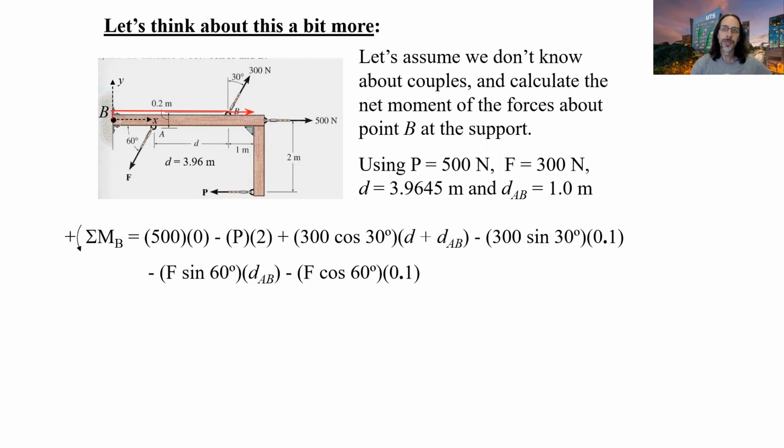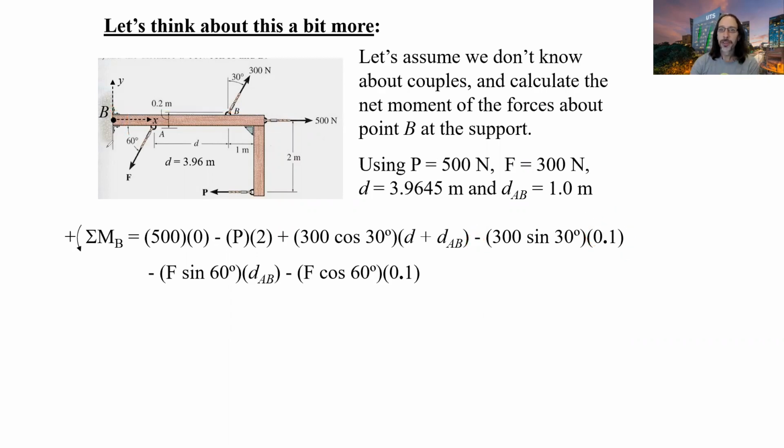If we assume that point B is halfway between these 2 points, then that's where this 0.1 has come from. And it's tending to rotate clockwise, so therefore negative in front.